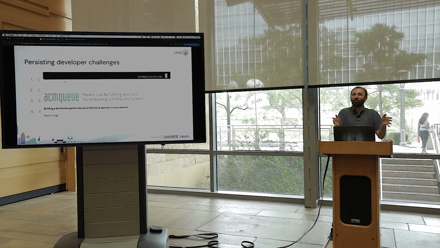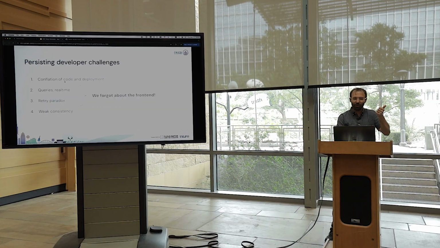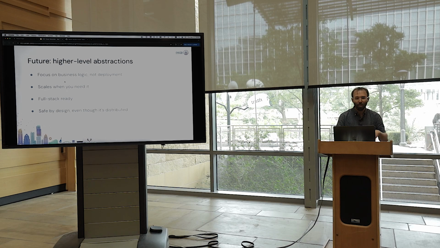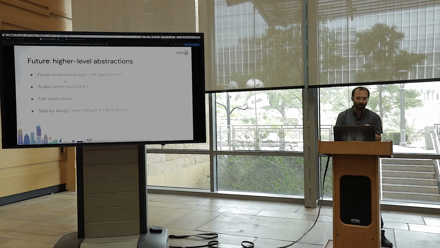That was a hard problem we had to solve then, and we just made it harder with microservices by making everything even more of a distributed system, making it harder to do queries, making it harder to figure out the right way to do retries, and effectively making our apps more and more weakly consistent. So this is all about distributed systems are hard. In a future of higher level abstractions, we want developers to focus on the business logic, not on deployment.